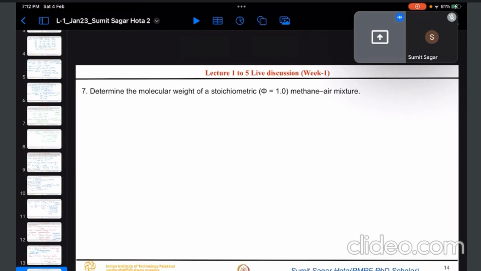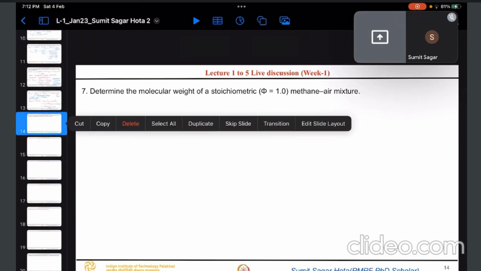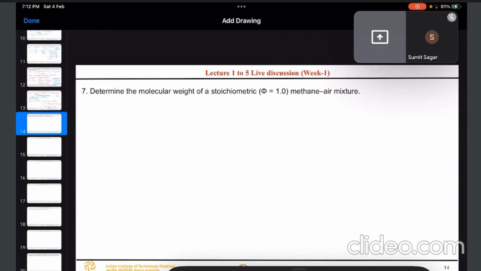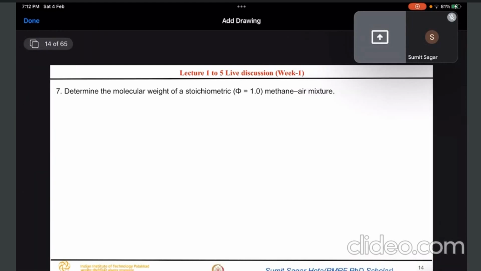Now for the 7th question, what is given is the molecular weight of the stoichiometric mixture. Stoichiometry means phi is equal to 1. You just know that for stoichiometry the equivalence ratio is 1. Now for the methane air mixture, we need to calculate the mixture molecular weight.